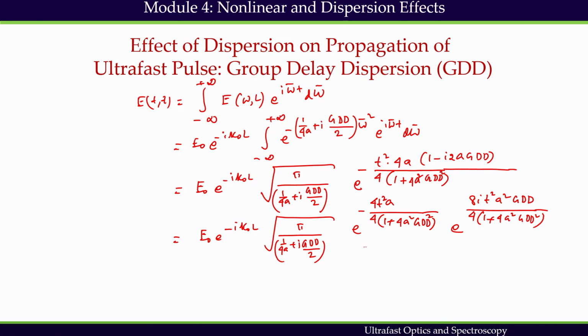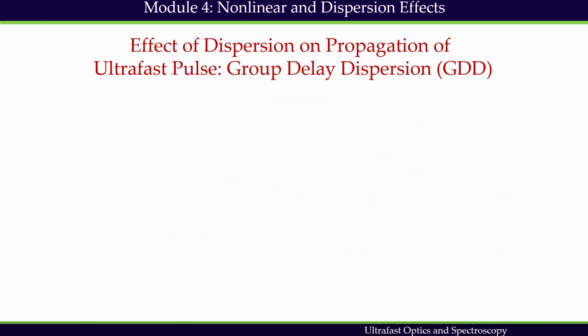So basically what we get, this is the real part, this is the imaginary part, and this part is also imaginary amplitude. And the moment we take the intensity, we need to know intensity because the way we express pulse duration is the full width half max of the intensity profile.